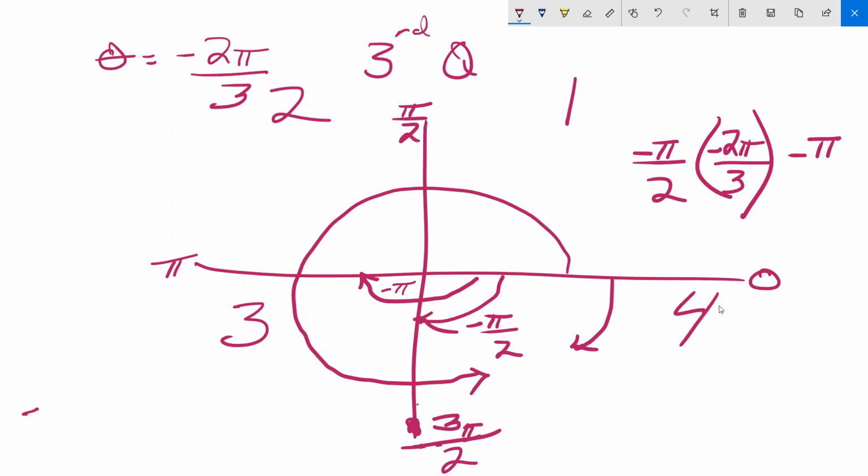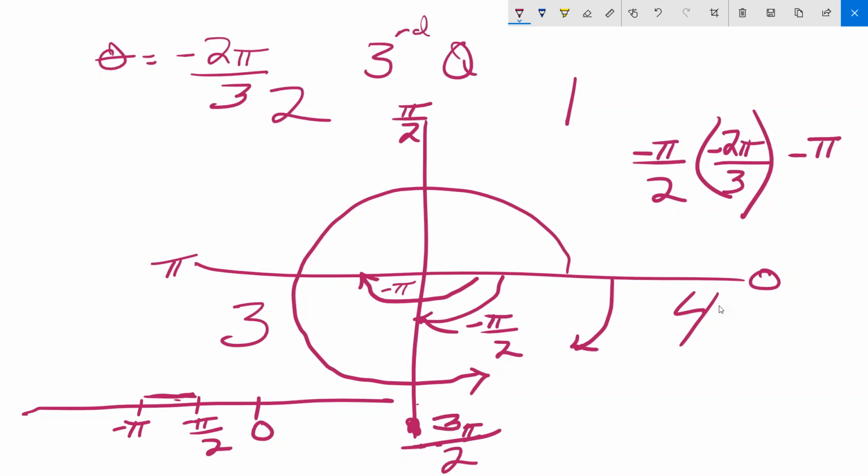Okay, let's look at it on a number line. Here's 0. Now there's minus pi over 2. Here's minus pi, twice as far. Well, minus 2 pi over 3 falls in this range right here. It's not as big a number as minus pi. It's only minus 2/3 pi. So it doesn't go all the way to minus pi.